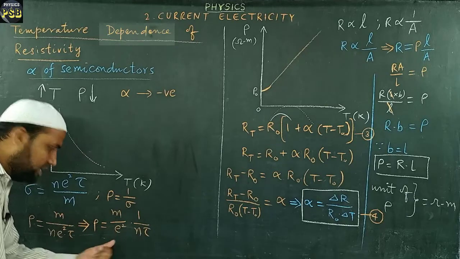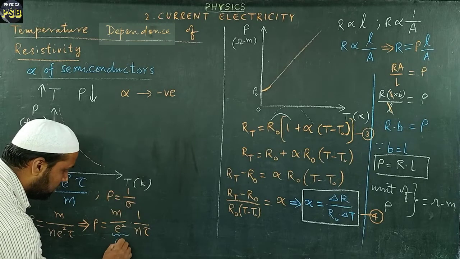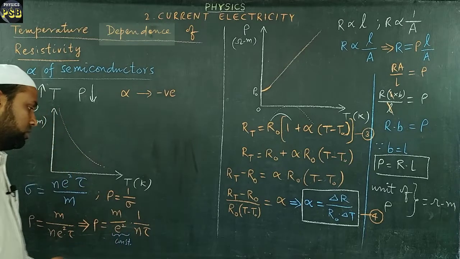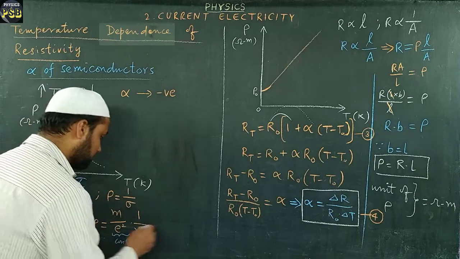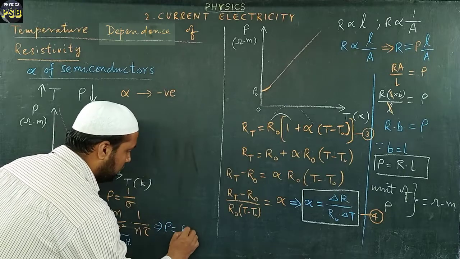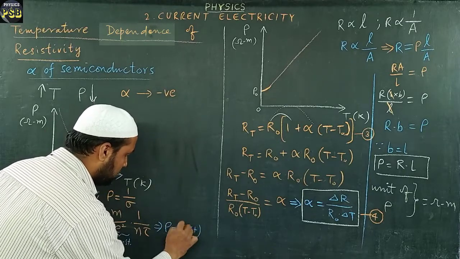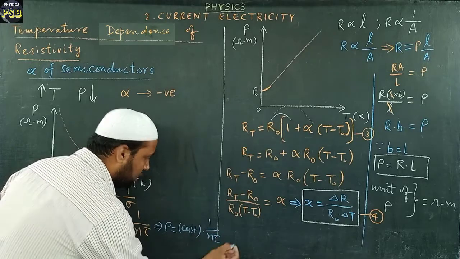Here m upon e square is a constant. So I can write this equation as rho equals constant multiplied with 1 upon n tau.